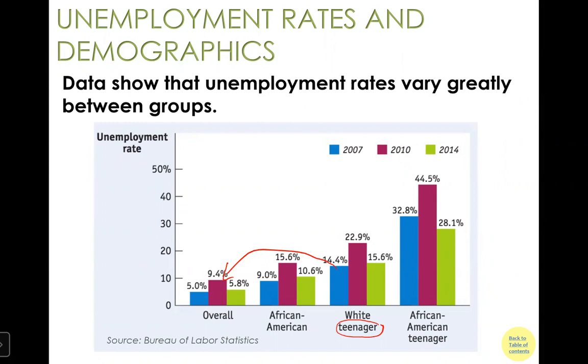So certainly this is higher, but what's really troubling is the African American teenager. Their unemployment rate is significantly higher than white teenagers, higher than overall, higher than everyone. Besides being teenagers, their lack of employment opportunity will hurt them in developing their social skills.